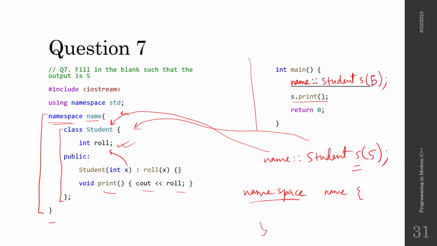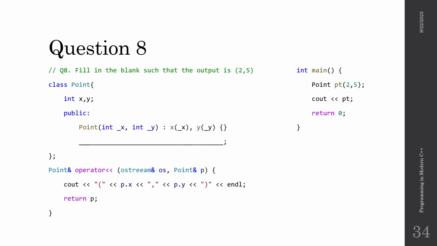Later on, if you want to use anything inside the namespace, you just write the name of the namespace. You don't have to write the namespace keyword. Okay, moving to the next question. Please try this question on your own.